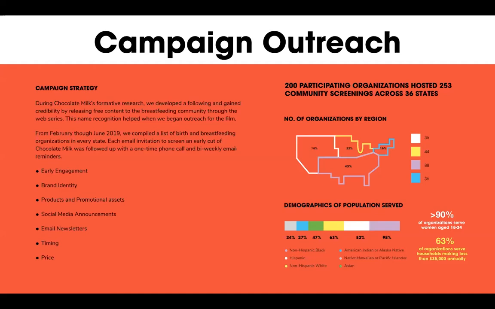So we had the whole BIPOC participating in these screenings, but our main audience were Black women, and they were the ones participating the most. And 90% of the organizations served women aged 18 to 34, so that is part of our key demographic. And also 63% of the organizations served households making less than $35,000 annually. So we did reach our main target audience. We were successful in doing that.